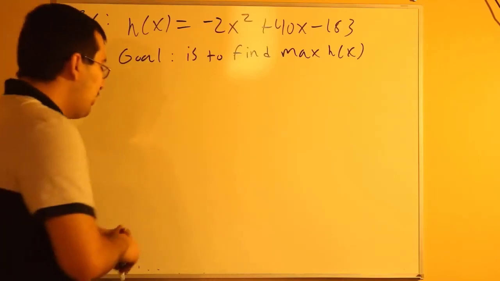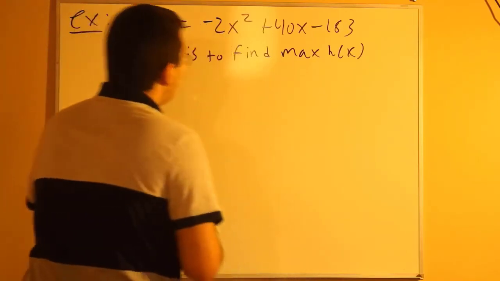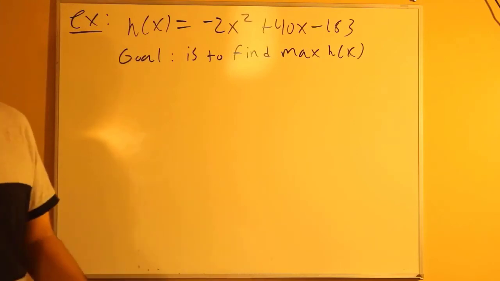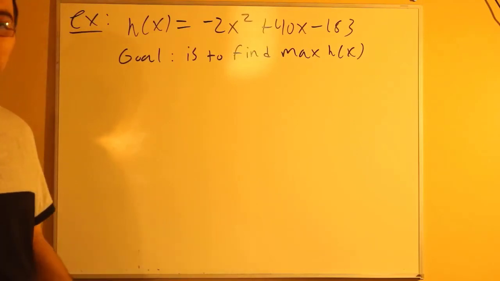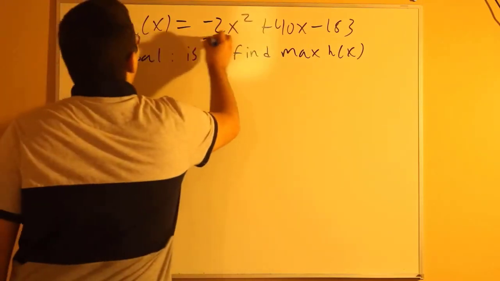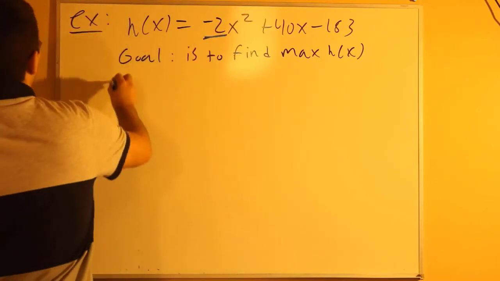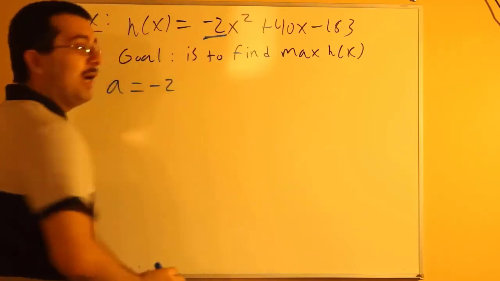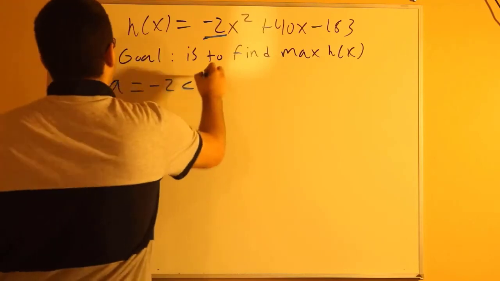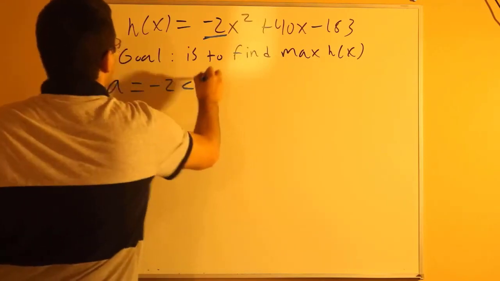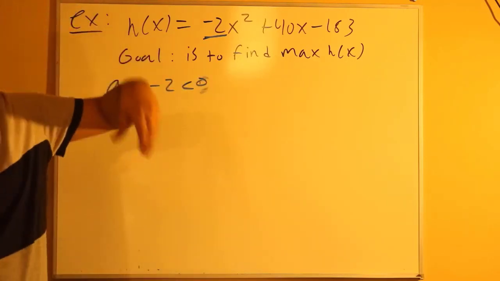Right? So, which type of parabola do we have here? Well, it goes back to the idea of the leading coefficient determining whether you open up or down. And for us, our leading coefficient is minus 2. a equals minus 2, which is less than 0. So that means we have a parabola that opens down.